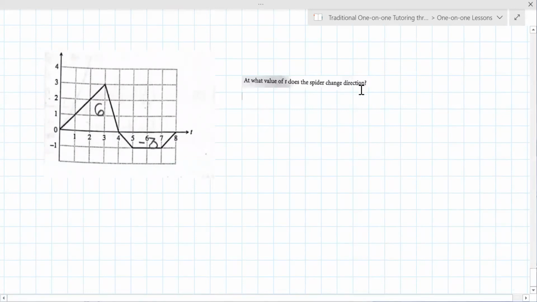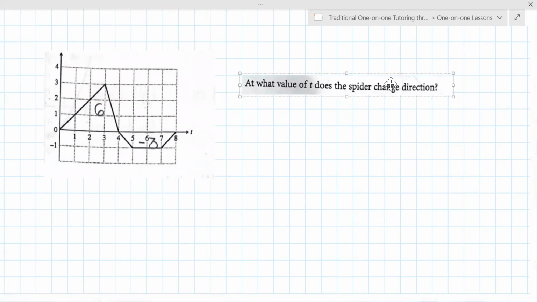Changing direction means it went from being forward to backwards. So all what I'm tracing right here is forwards, and this is also forwards. But right there, it stops moving. Right. And then it moves backwards.